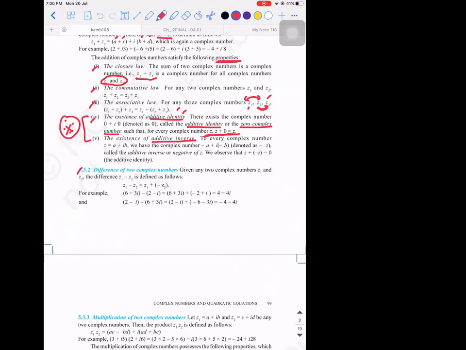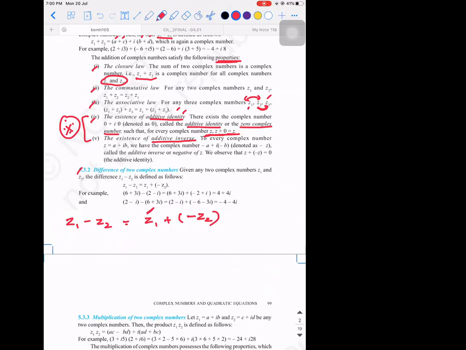The next concept of two complex numbers. If I have Z1 and Z2 as two complex numbers, Z1 minus Z2 can be written as Z1 plus of minus Z2, which means I am adding a complex number.